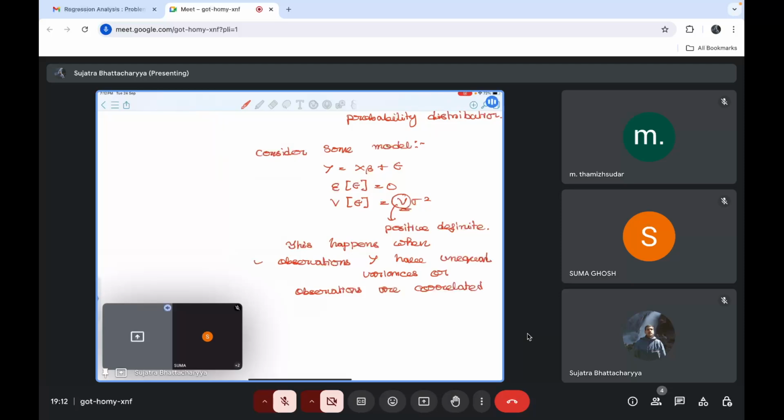When these two things occur, you will find that variance of epsilon becomes B sigma square, where B is a positive definite matrix. Sigma square is some constant, but B is positive definite.